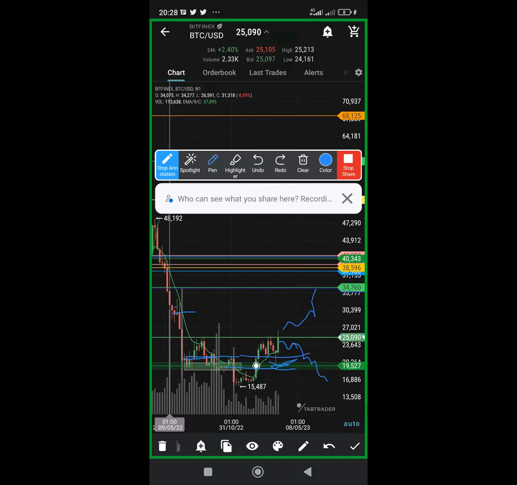So most of the time, prices always go towards the next key price zone, either upwards or downwards. Hope you understand what I mean.